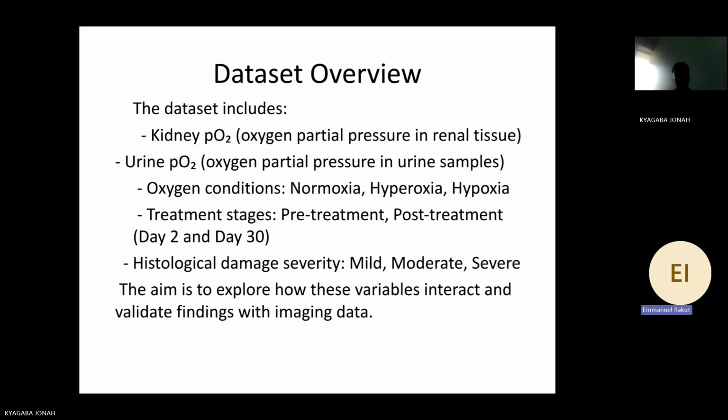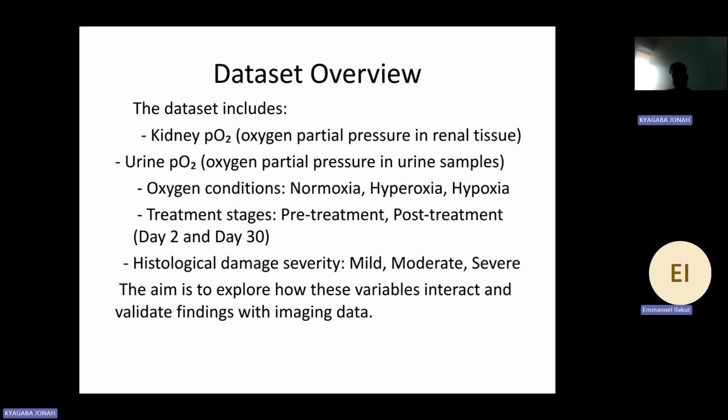Just an overview of our dataset. Some of the key variables we have are kidney PO2, which is basically the direct renal oxygen levels measured using the EPR imaging. Then we also have oxygen levels in urine. We have different oxygen conditions such as normal, hypoxia, and pneumoxia, and then we have historical data in relation to the different patients.